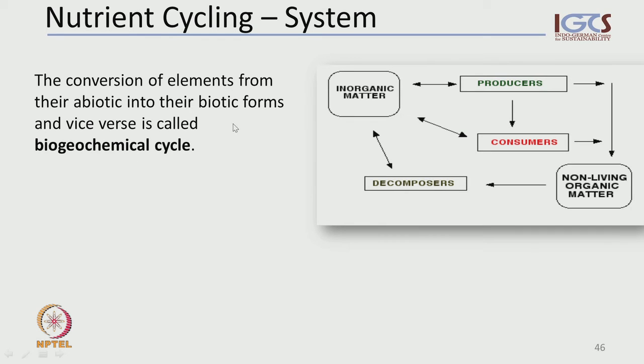You are probably familiar with this cycle. You have inorganic matter, you have a producer, both are interlinked with each other. We have a consumer which produces inorganic matter and produces dead matter, or produces leftover that will be used by a decomposer and again move back into inorganic matter.